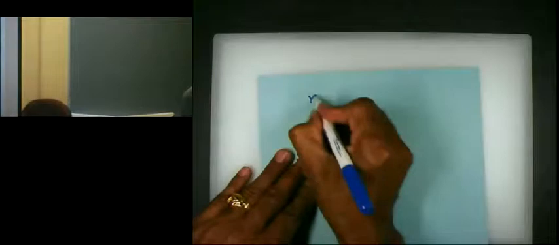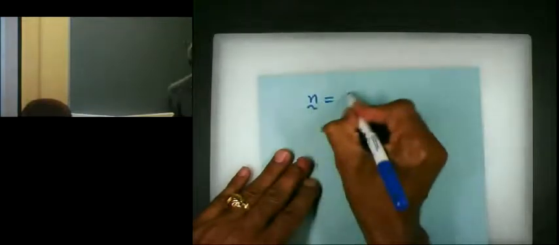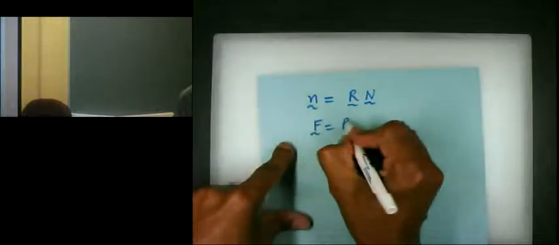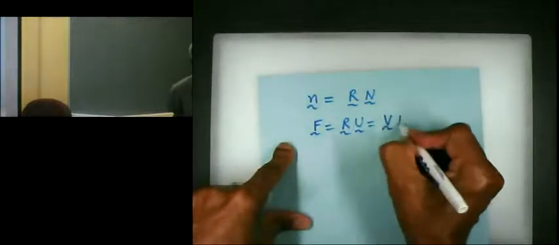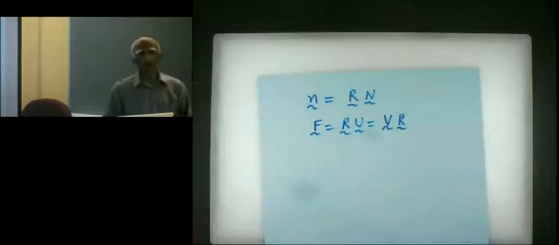If n is an eigenvector of B, it is related to the eigenvector of C through the matrix R, which is the matrix that appears in the polar decomposition of F. And I think we showed that last time.